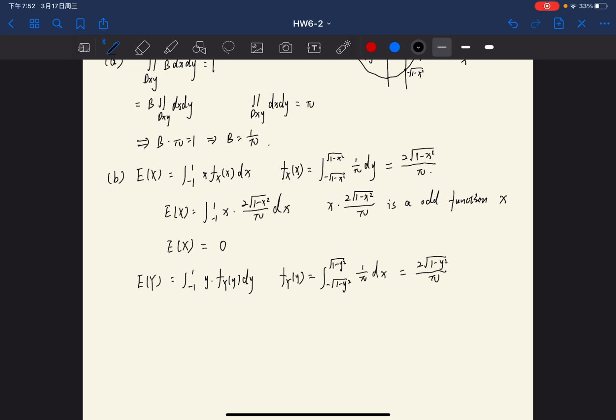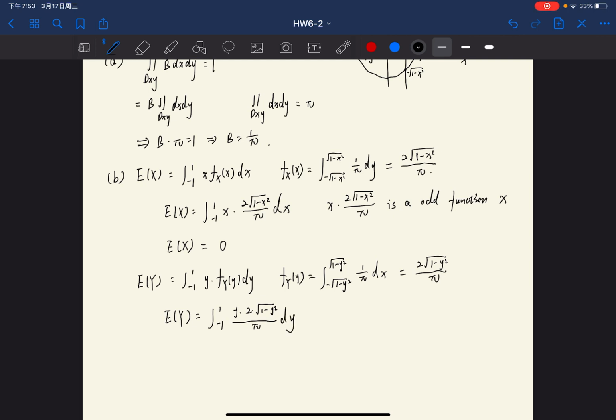And we can write E[Y] equals to the integral from -1 to 1 of y multiplied by 2 multiplied by square root of 1 minus y to the power of 2 divided by pi, dy.